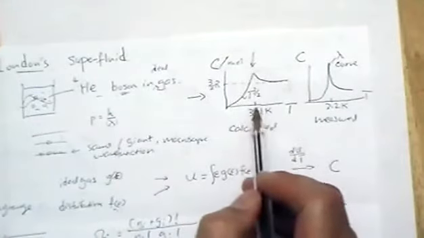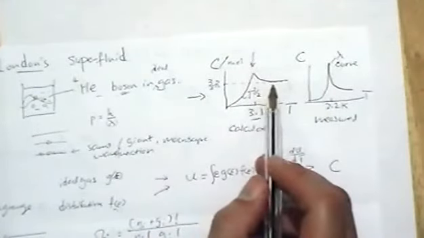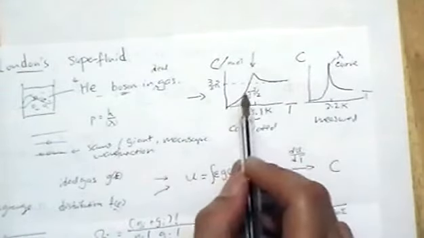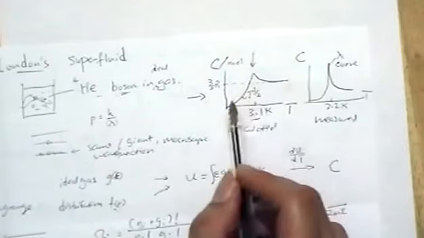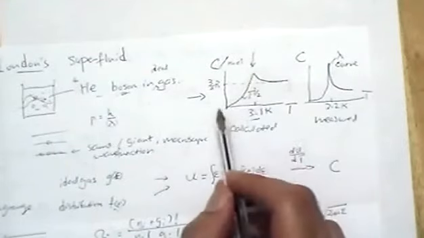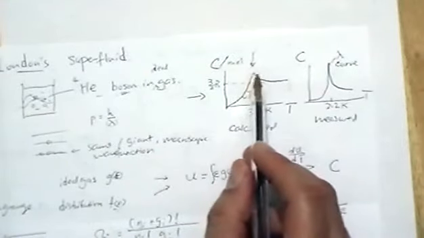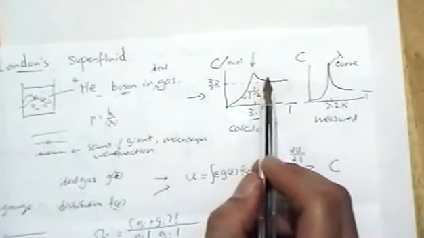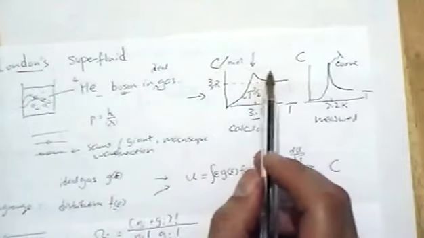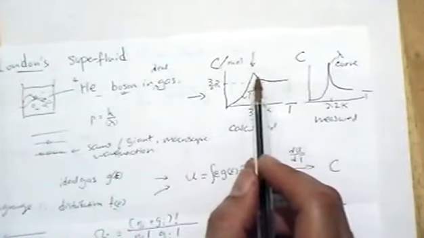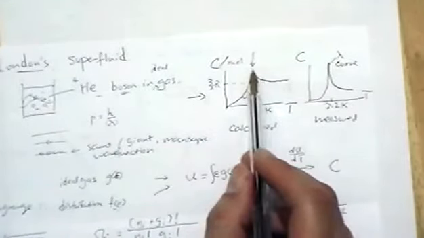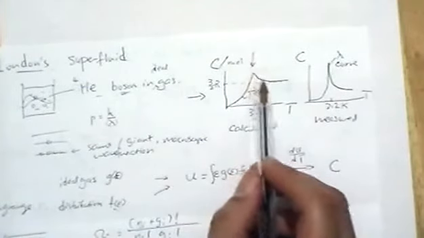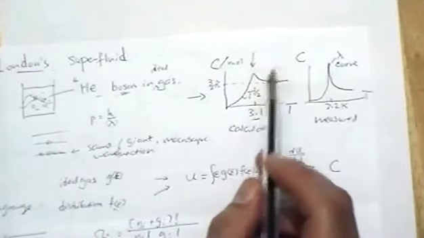So beyond this temperature, there's a sudden change in the behavior of the system. Instead of particles coming out from this reservoir, this ground state collection of all the bosons, suddenly they're all excited. After that you have these excited atoms which will continue to gain energy if you keep raising the temperature, but the behavior is now different.